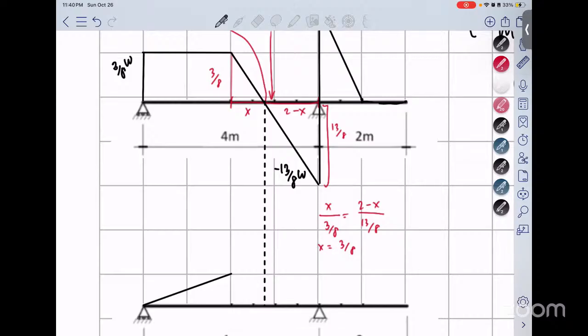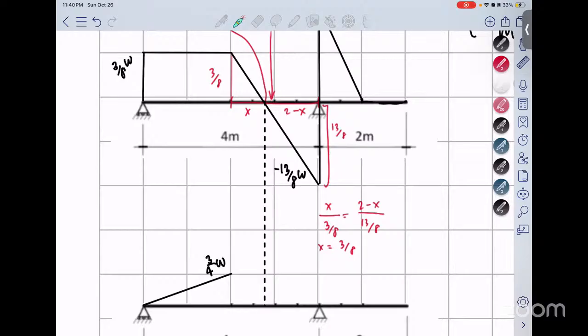So then this is 3/4 omega. And then we have a triangular part. So let's just do this part first. We expect na mag-flat line siya dito, right?